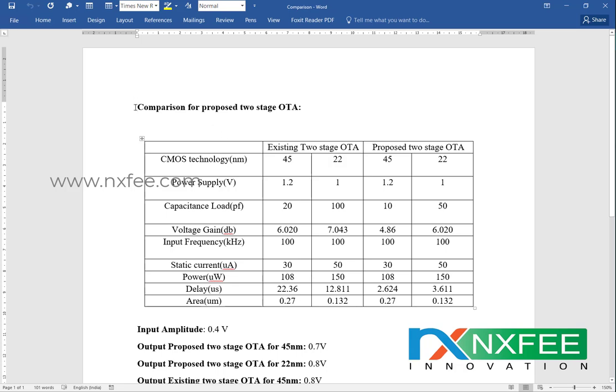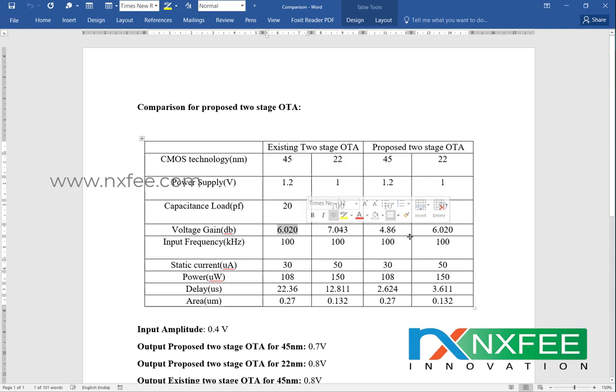Here is the comparison table for the existing two-stage OTA and the proposed two-stage OTA. It covers both 45 nanometer and 22 nanometer. For 45 nanometer we used 1.2 volts and for 22 nanometer we used 1 volt. The capacitive loads used are 20 and 100 for 45 nanometer, and 10 and 50 for 22 nanometer. The voltage gain values are shown for 22 and 45 nanometer, proposed and existing.